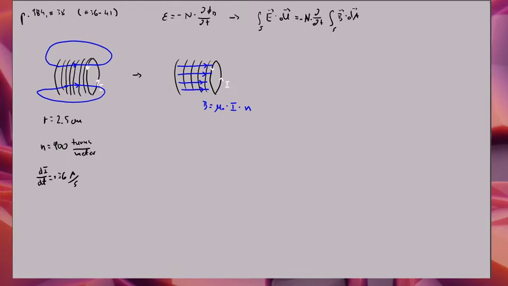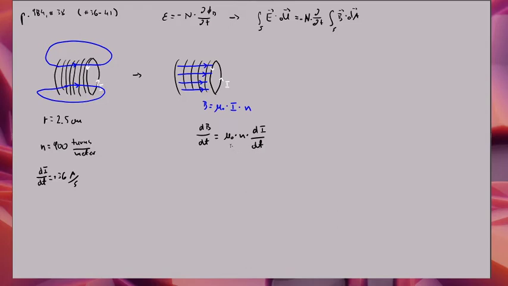Now, what's happening though is that the current is not constant, and so we'll take the derivative of this expression. If you take the derivative of this expression for the magnetic field, then you end up with dB/dt equals mu naught and n are constants, so they just come out, and you end up with dI/dt.